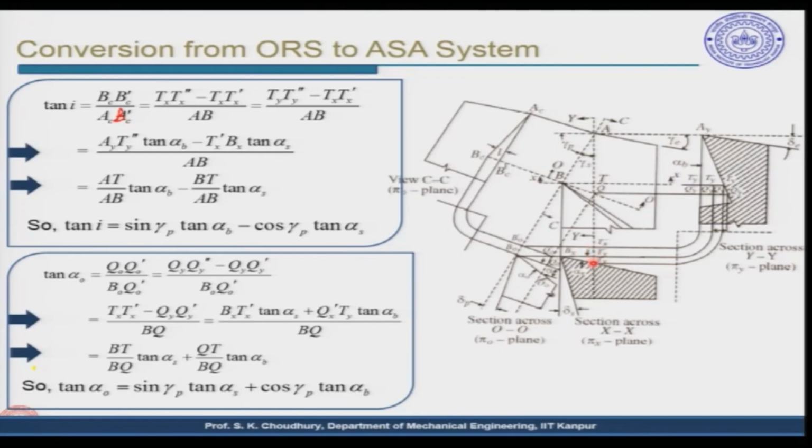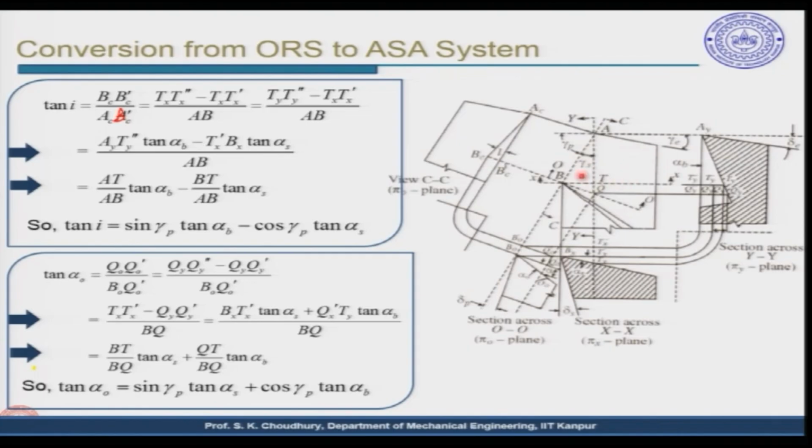This can be given as this distance minus this distance, that is what it is written here. It is not complicated. If you can see them and correlate with this figure, you can find out that this is the way that we can go from one view to another view and correlate the angles, and finally, what we get is tan I, which will be equal to sine of gamma p, and the gamma p is here.